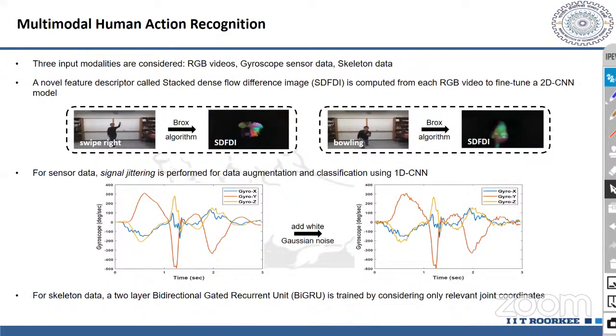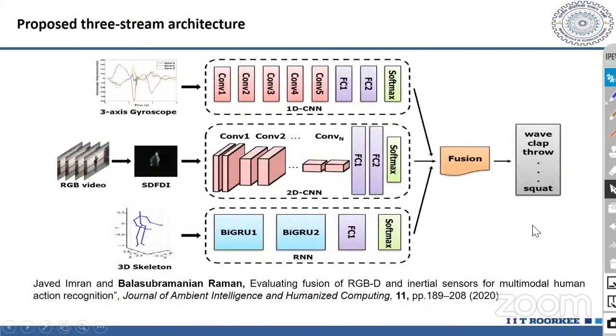Now I train this SDFDI using a two-dimensional convolutional neural network. And the gyroscopic sensor data I train using a one-dimensional convolutional neural network. For the skeleton data, we use a recurrent neural network, so it is a combination of convolutional and recurrent neural networks.